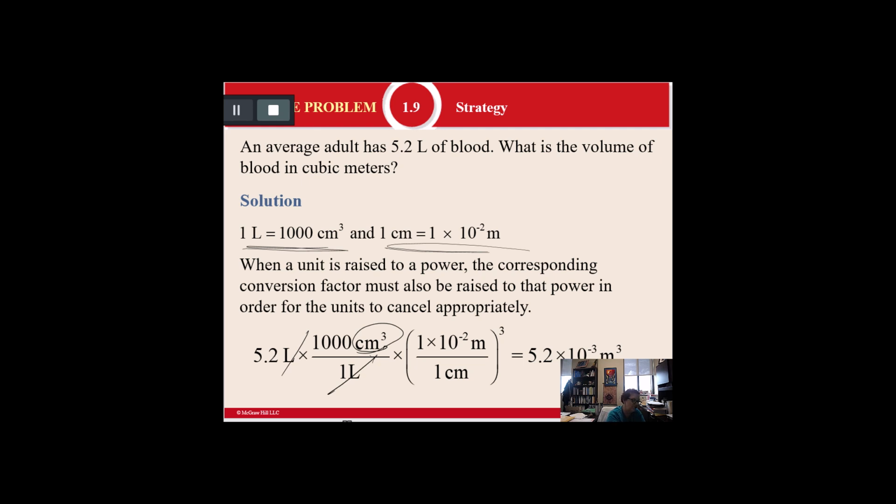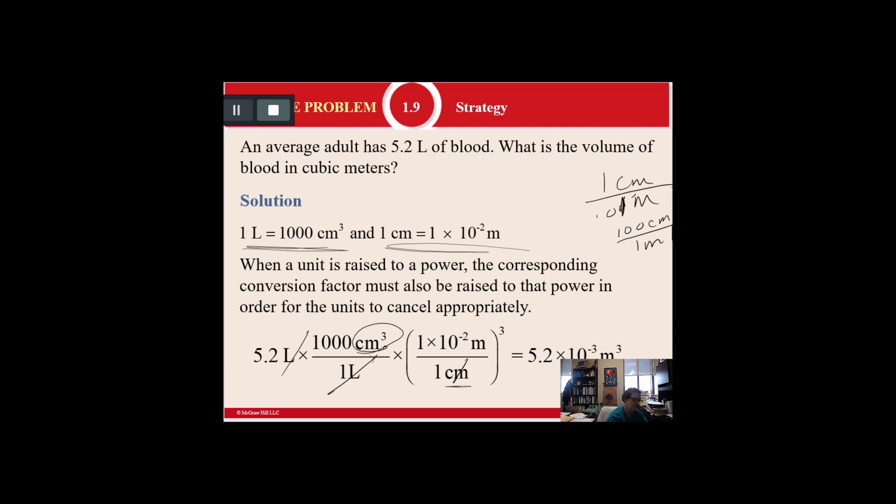What you keep in mind is you're going to use that same conversion factor: 1 centimeter is the same as 0.01 meters, or another way of saying that is 100 centimeters in 1 meter. I tend to like to do the big numbers. I'm just more comfortable with it. But either way, there's 1 centimeter and 1 times 10 to the minus 2 meters.